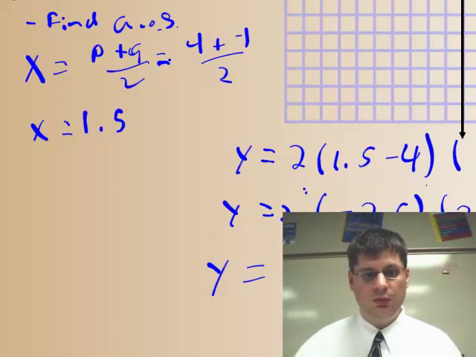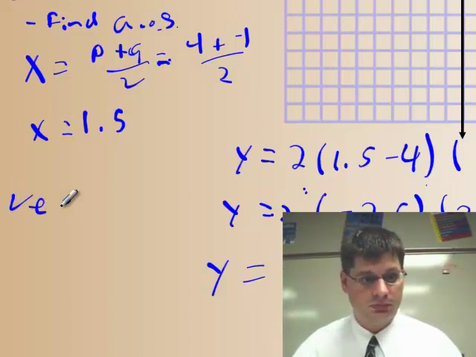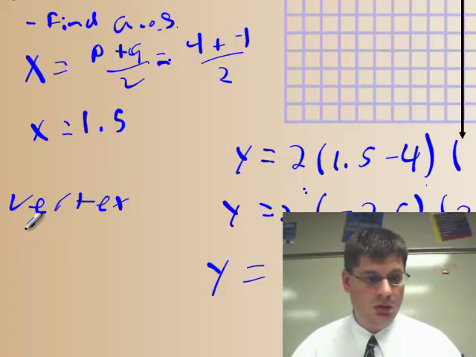Okay, so we will substitute, so my point is that my vertex is at 1.5, negative 12.5.